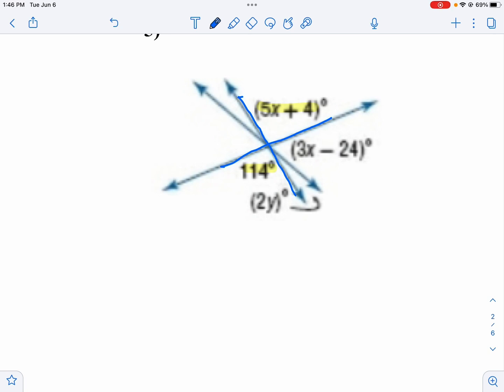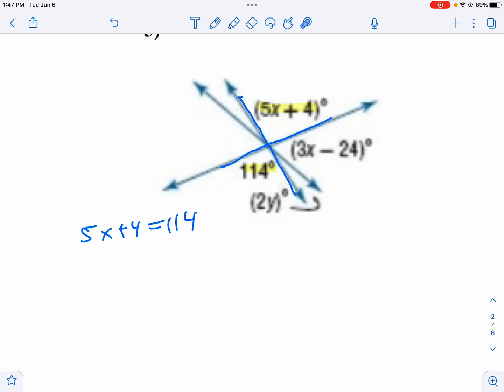So we can use that: 5x plus 4 equals 114. I could not have used a straight line because 5x plus 4 plus 3x minus 24 would give me 2 variables. Can't do it that way.